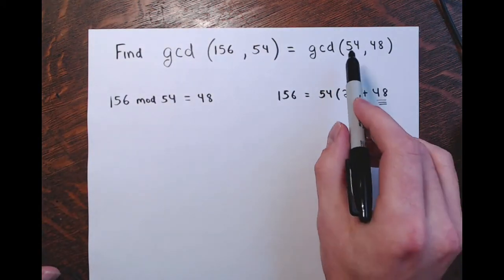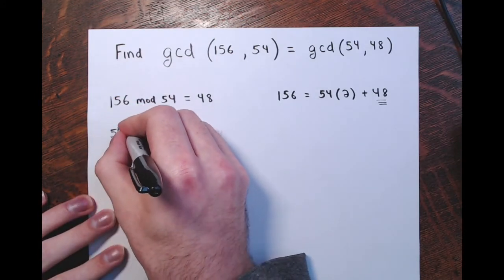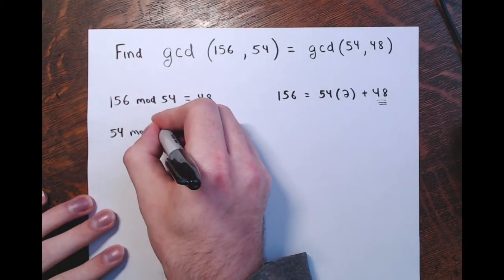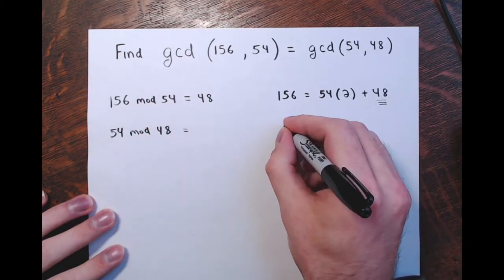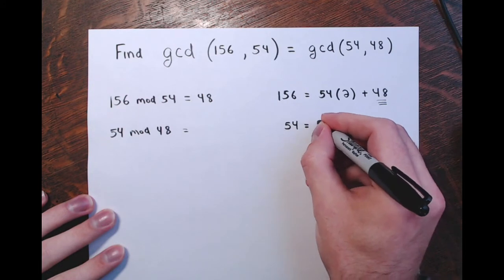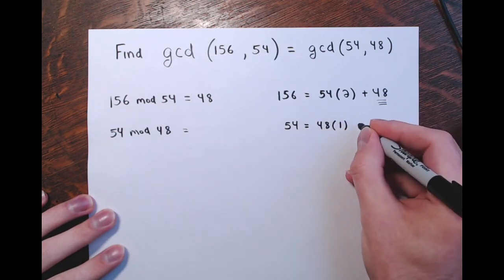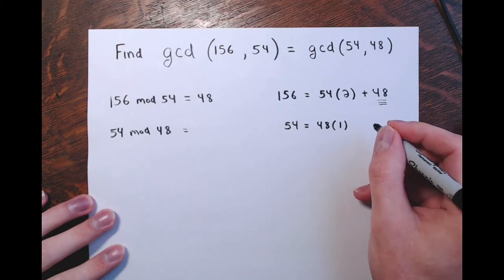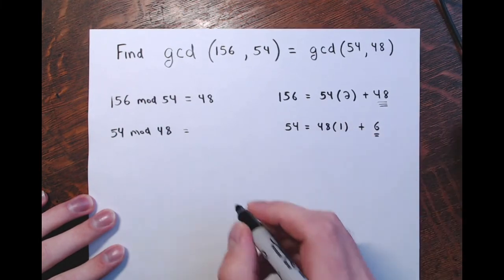All right, and now I want to find 54 mod 48. Well, this one's simple, right? 54 is 48 times 1, plus 6. And there's your remainder.